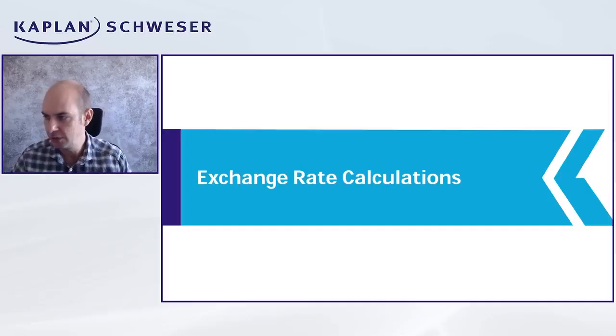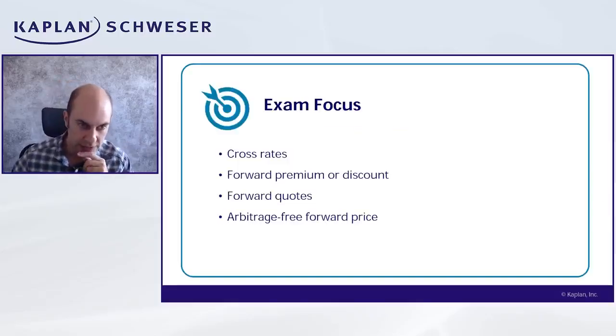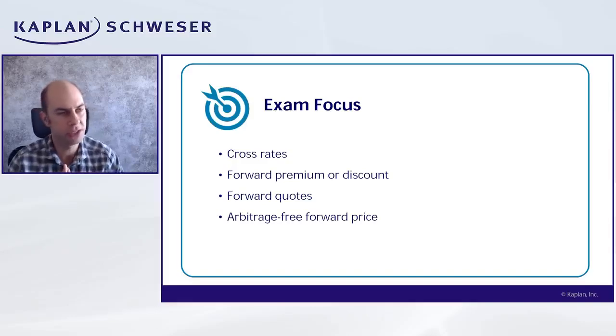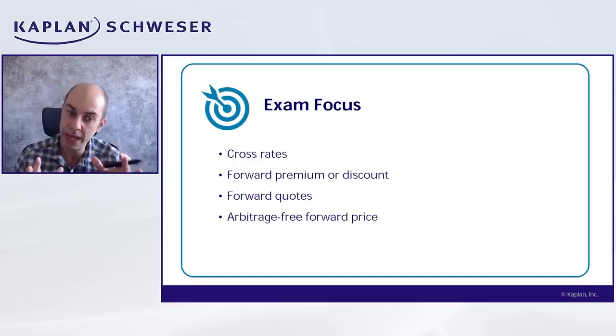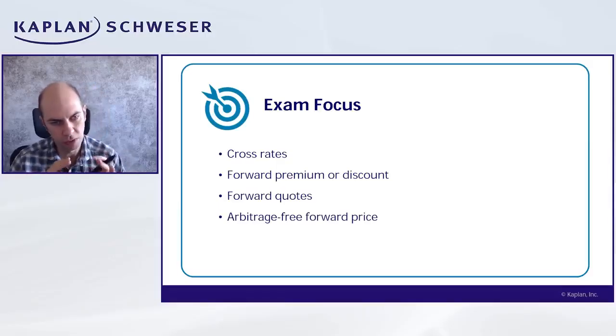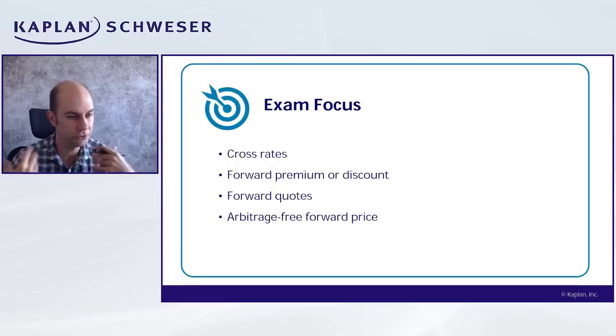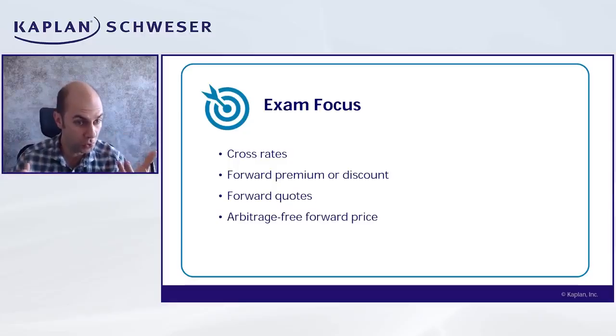Exchange rate calculations. Okay, exciting. We're going to learn how to calculate cross rates. Cross rates is when we are given a couple of pairs and there is a common currency that will cancel out. Also, we'll talk about forward premium and discount, so when the forward is above or below the spot exchange rate and what actually causes them.